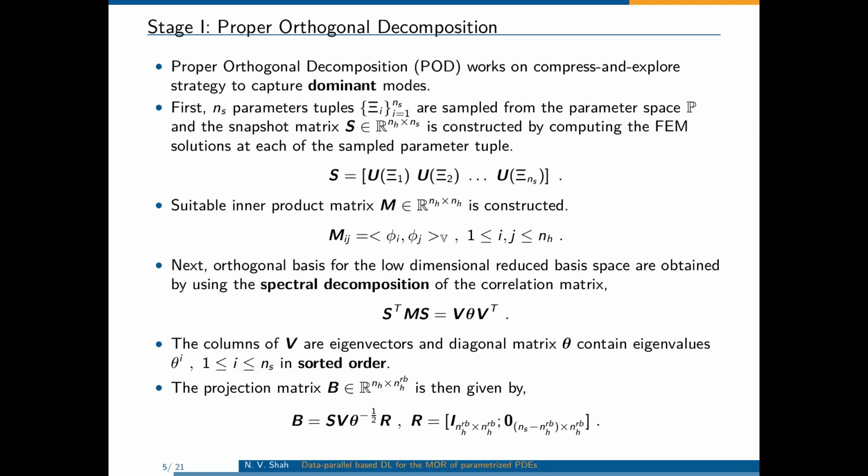We construct a snapshot matrix, create a correlation matrix out of this snapshot matrix, and perform the eigenvalue decomposition. Notice that while the inner product matrix is sparse, our snapshot matrix is dense, so we are performing the eigenvalue decomposition of a dense matrix. And by using linear combinations of snapshots which we have already computed, we create a projection matrix, or the map between the finite element basis and the reduced basis space.